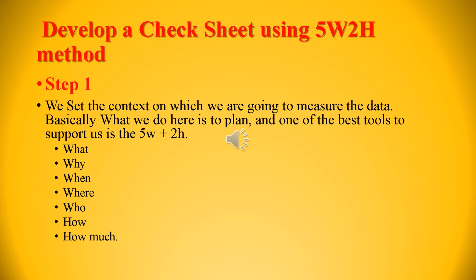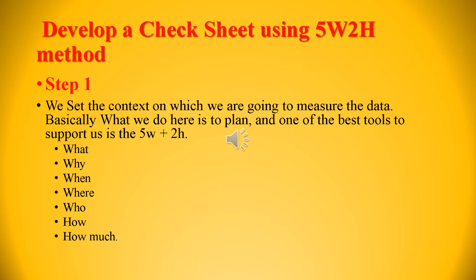Now you can notice that each step of the 5W2H matrix refers to a different question, and the answer to every question triggers the next question. There is a relationship.